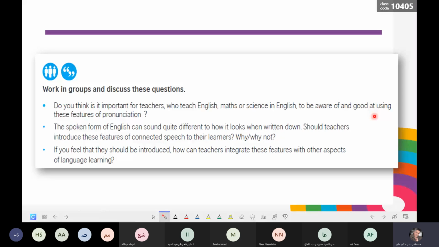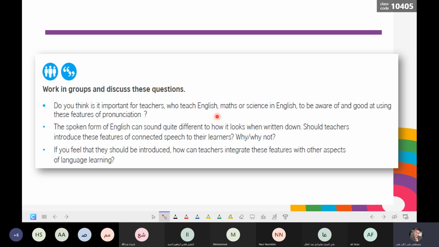You agree with this? And do you think the importance is the same for English teachers and math and science teachers, or does it differ? I think English teachers are more concerned with learning this for their skills. But math and science teachers have to know it too, or the students will be so confused hearing this in English or in science.